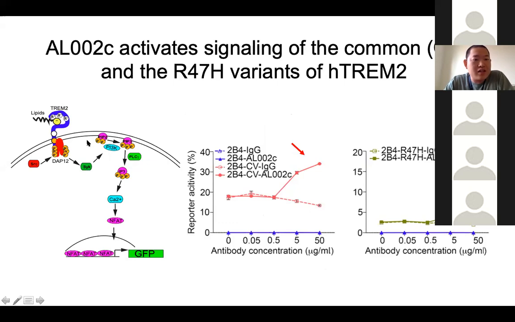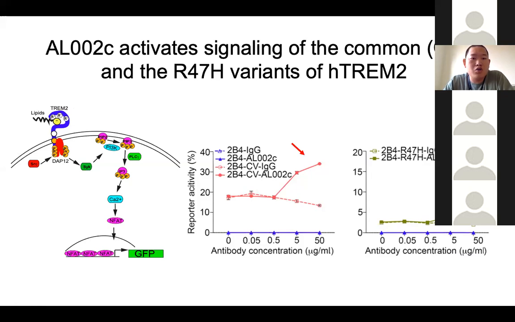In these reporter cells, engagement of TREM2 promotes generation of GFP, which can be detected by flow cytometry. We found that AL002c induced GFP in both CV and R47H genotypes, while IgG control did not, suggesting that AL002c acts as a TREM2 agonist.